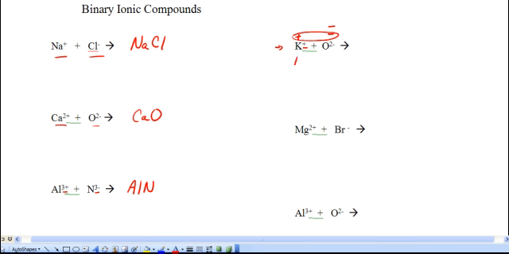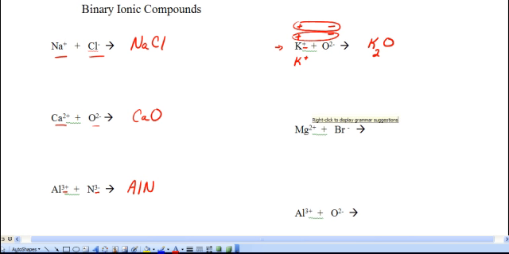So you're going to have to bring in another potassium, which is going to bring that extra positive charge. So now you have two positives to balance the two negatives, and so it took two potassiums to balance one oxygen. And notice you put the subscript in there too, with the potassium to show that you have two of those to balance the one oxygen, or the oxide ion.